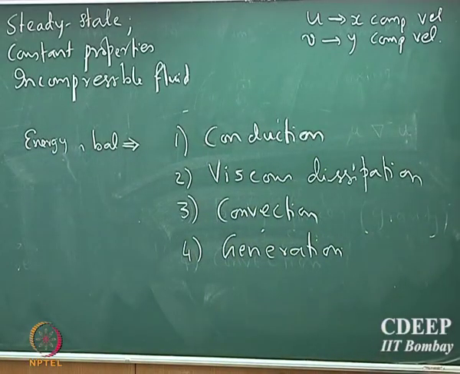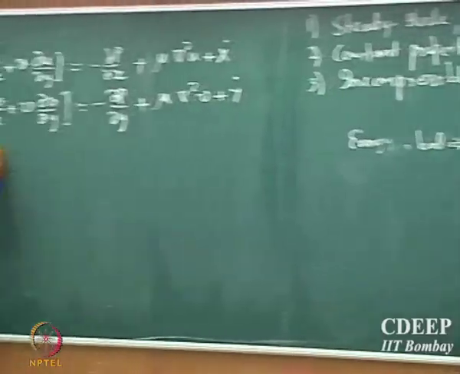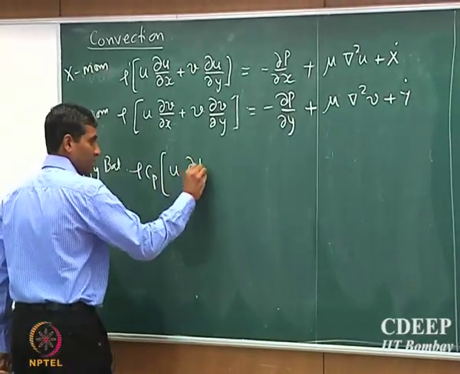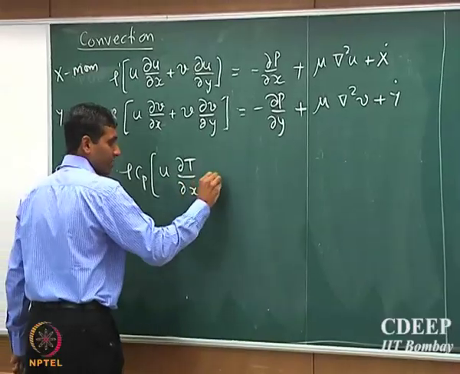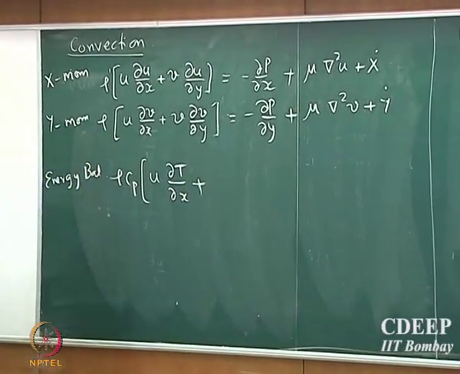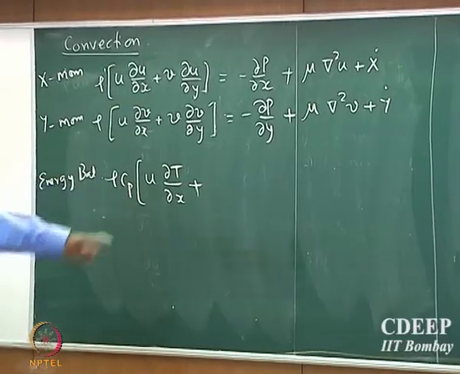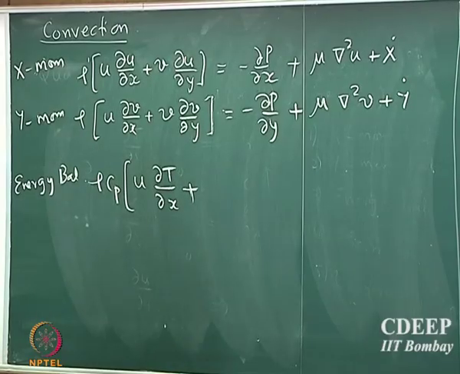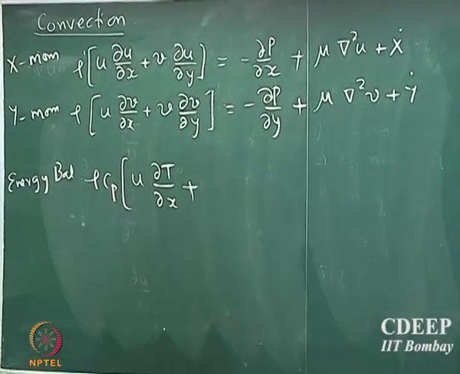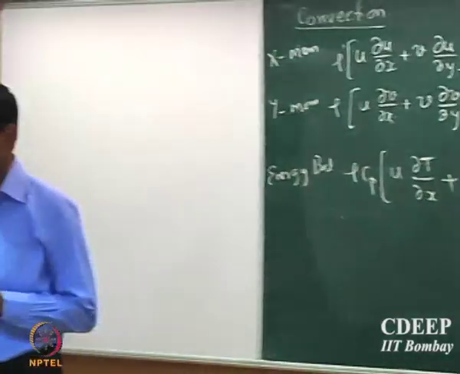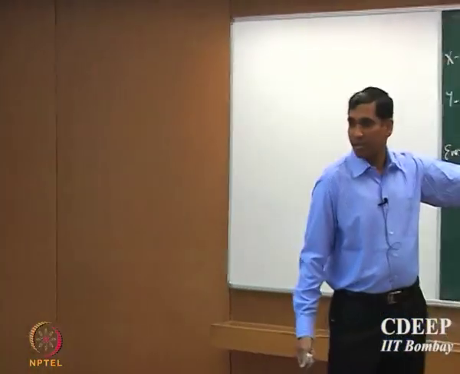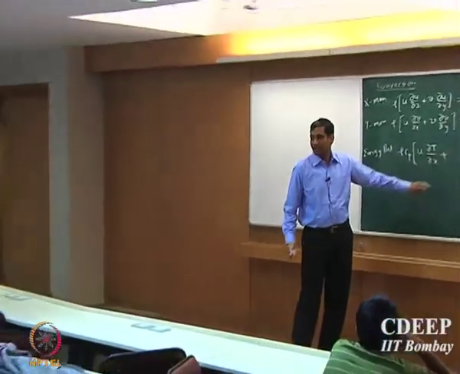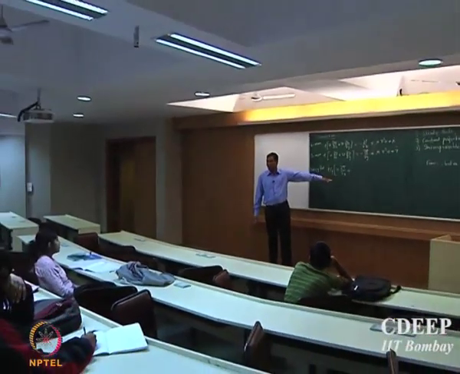So we can easily write down these balances: rho Cp U dou T by dou X, viscous dissipation, right? What shaft? Suppose I have forced convection. I have to provide the energy to move it somewhere. That's what convection accounts for, that's already taken into account.